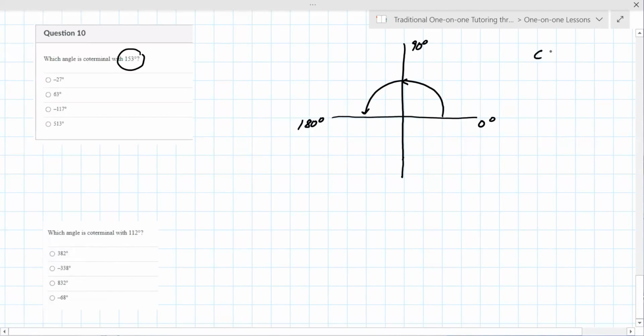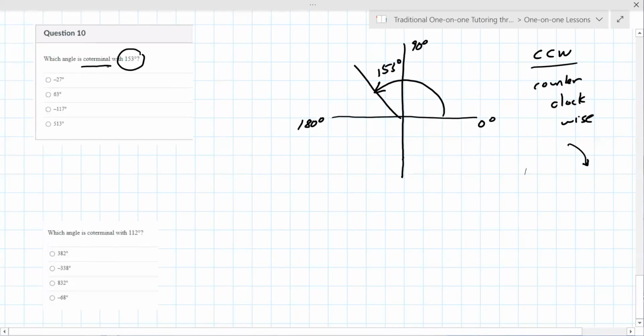And it's counterclockwise. Right. Clockwise is to the right, counterclockwise is to the left. And that's just the convention that they use. So 153 degrees, you would agree it's somewhere over here on the left. Like you start here and you go somewhere like that. And that's 153 degrees. Okay.